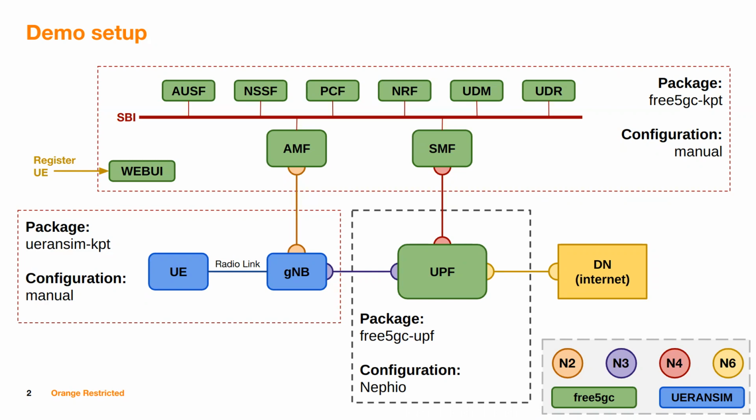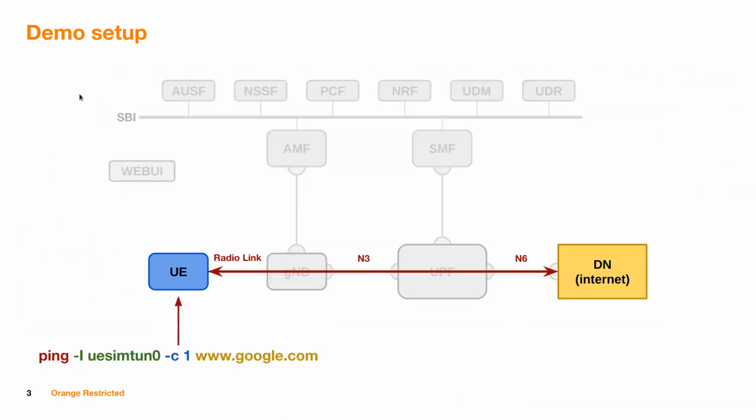So what we do, we deploy the UPF. The UPF is configured via Nephio, and then we can manually adjust other packages, the UERANSIM kpt and 5GC kpt, and use Nephio to deploy them. End-to-end for us means, and it's common in the 5GC community, that we can access the UE simulator and make a ping to the data network, which is the internet in our case, through the PDU session.